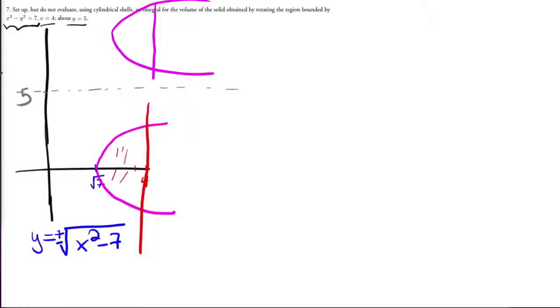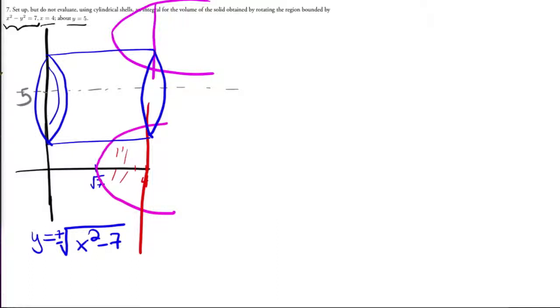Okay, now I'm going to use the method of cylindrical shells. So let me just draw a shell in here. Alright, so I'm assuming this is a cylindrical shell. It's not very detailed, but that's okay.